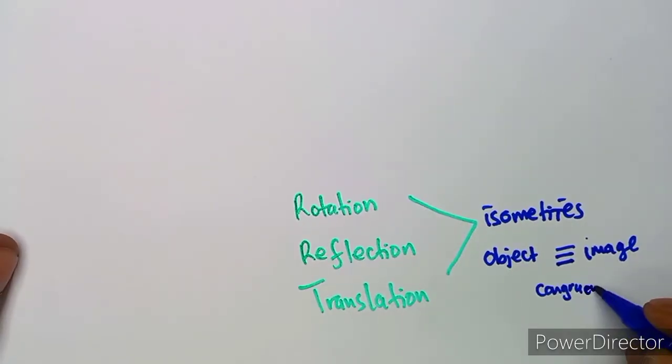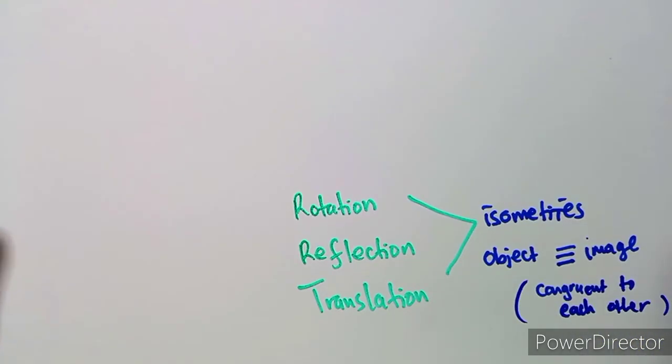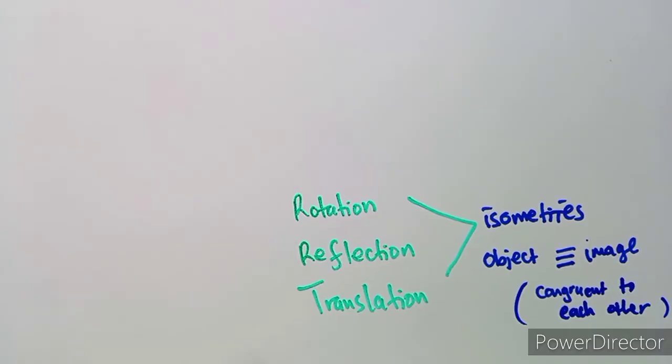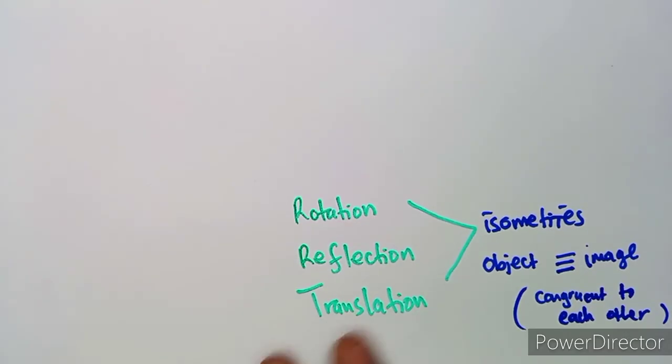All right, these are congruent to each other. So meaning to say, guys, what we are saying here, the object and the image, they're actually the same in shape, same size. The angles, they are the same. Everything is the same. That is what you're going to take note, and we described this.